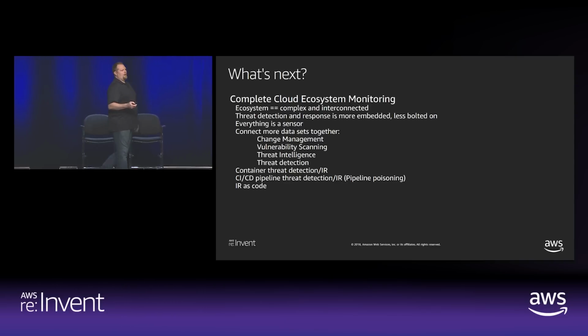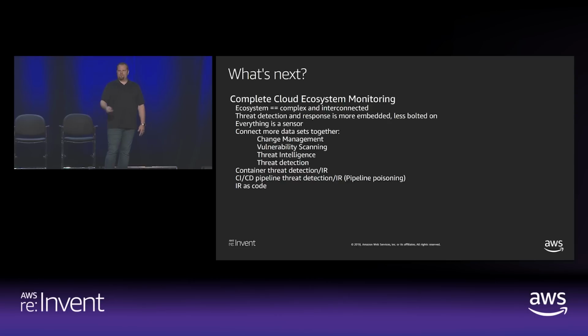But even further, we have containers on the rise, right? So what does threat detection in containers look like? What does monitoring and response look like for containers? Kubernetes, Docker, all that stuff. And then the CI/CD pipeline. How many people have found a Jenkins server on the internet that's just got admin sitting out there getting blasted, right? Exactly.